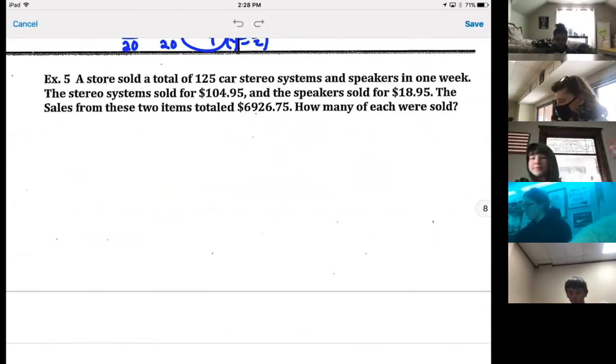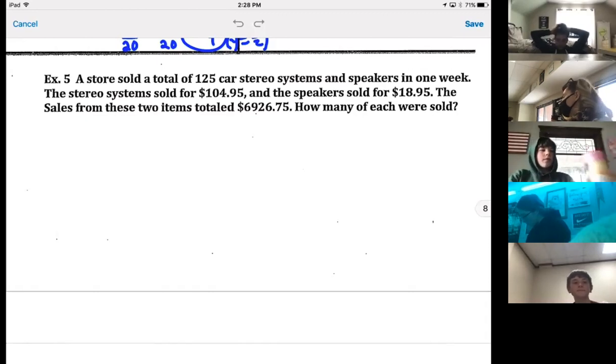All right, a store sold a total of 125 car stereo systems and speakers in 1 week. The stereo systems sold for $104.95 and the speakers sold for $18.95. The sales from these two items totaled $6,926.75. How many of each were sold? So we need to find out how many of each of these, the stereo systems and the speakers, were sold.